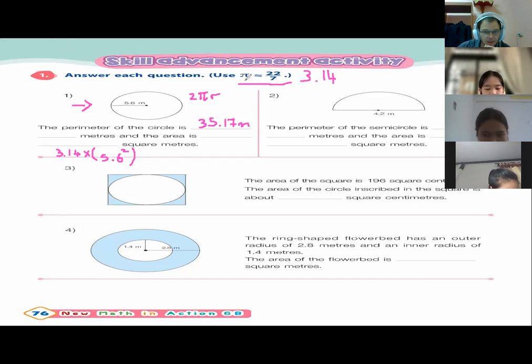I'll give you 1 minute, maybe a minute and a half to quickly calculate it over here. Anyone have an answer for me?